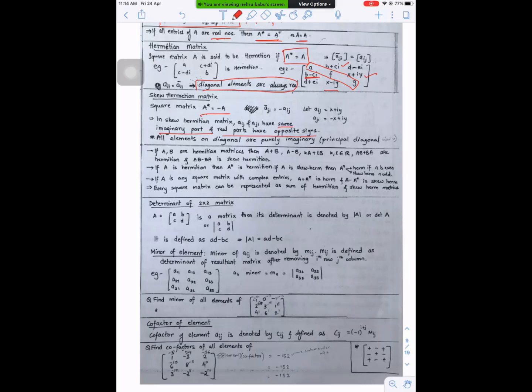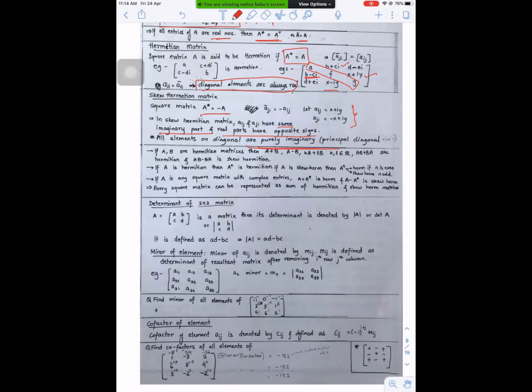Like this, x plus iy, Aij elements, if you observe, have the same imaginary part but opposite real parts. And all diagonal elements are compulsorily either 0 or purely imaginary. The word purely imaginary is there, but 0 is also counted in that. So all elements in the principal diagonal are purely imaginary or 0.